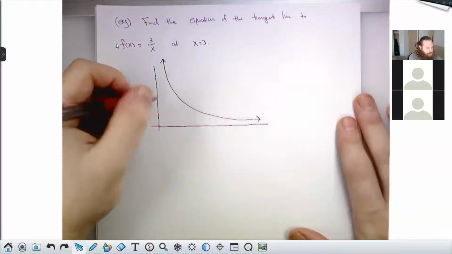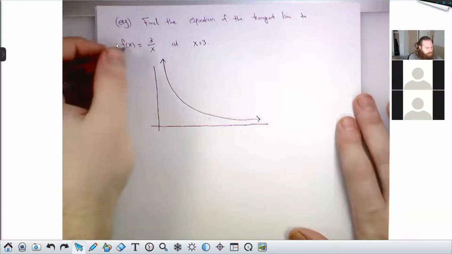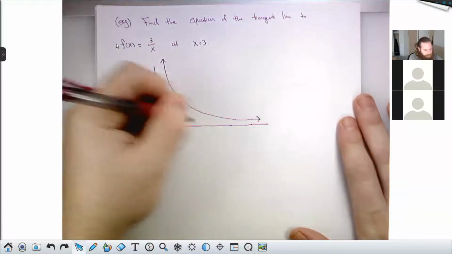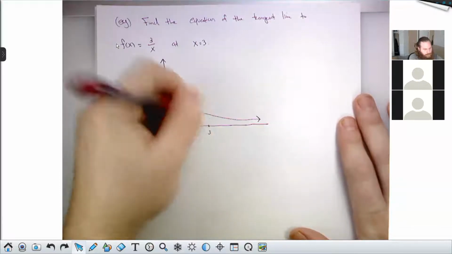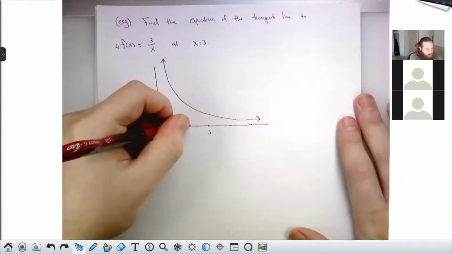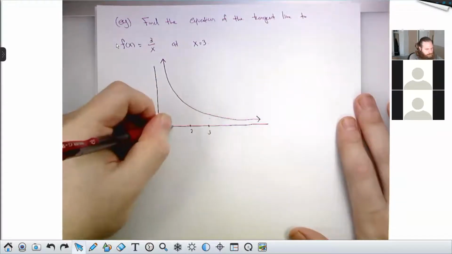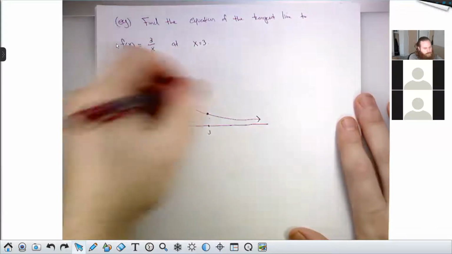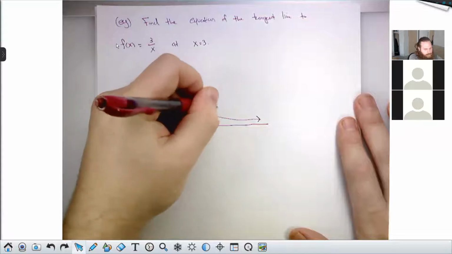When x is equal to 3, f of 3 is 3 over 3, which is 1. So maybe I'll call this here 3, and I'll call this here 1. This would be like 2, and that would be like 1. And this point right here on the graph of f of x when x is equal to 3 is the point 3, 1.